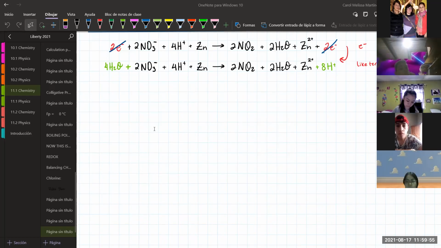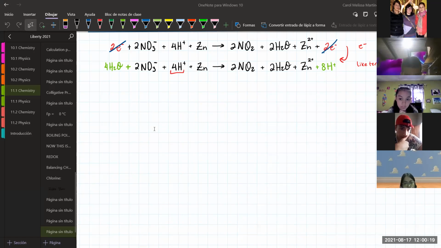Ahora les pregunto, ¿tenemos like terms? ¿Sí o no? Yes. Ahora sí, ¿verdad? Ahora tenemos H plus con H plus. Entonces, el procedimiento que pasaría si tuviéramos una situación de estas es que tenemos que restarlos. Okay? We need to subtract it.